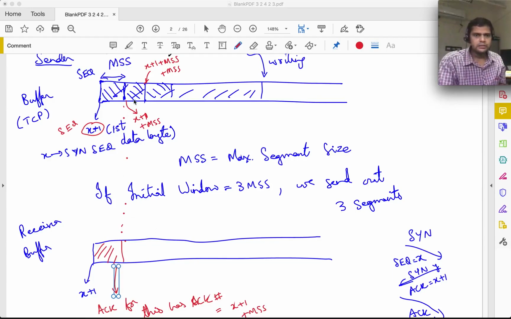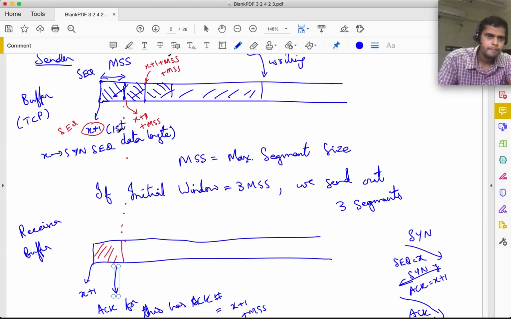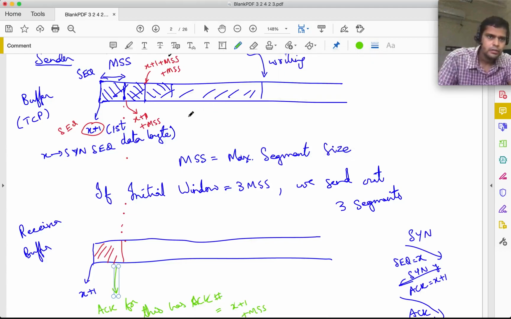And now let's say this ACK reaches the sender. Then what's going to happen? Previously the last ACK number was X plus 1. Let's use a different color. So initially the ACK number was here, it was X plus 1.